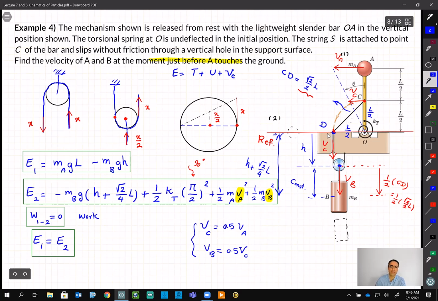And we just discussed that whatever amount this string moves, the center of this pulley is going to move half of it. So I can then write VB is half of VC. So somehow we could relate VA and VB together, right? If you get rid of VC, I can just write down VB is a quarter of VA.